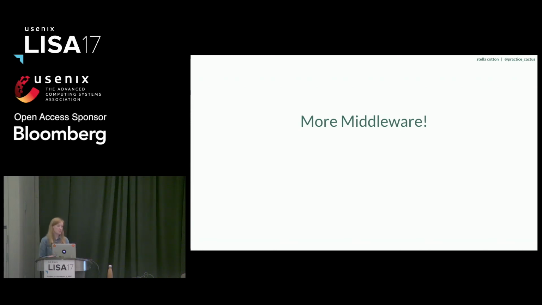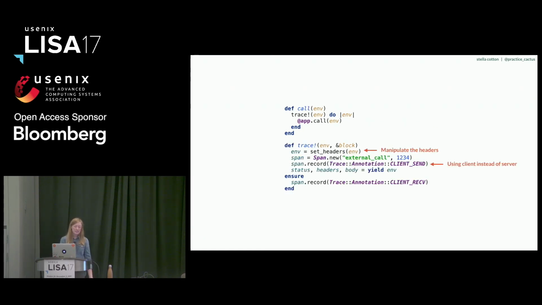If you're using an HTTP client that supports middleware, it's pretty easy to incorporate tracing there. I'll use Faraday as an example because it's going to be similar to our Rack example. We'll pass in our HTTP client app, do some tracing, keep calling down the chain, same as before. But this time our tracing is a little bit different because we're going to want to manipulate the headers.